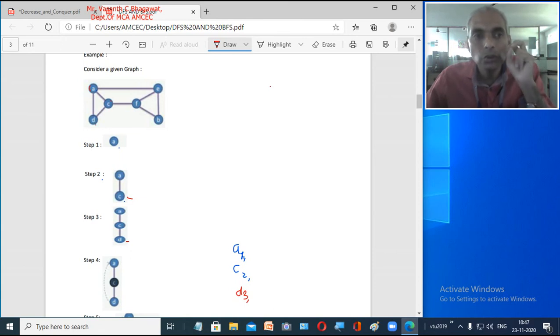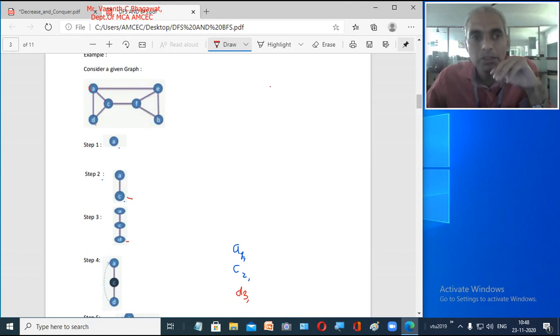Now from D, you check the adjacent nodes. D has 2 adjacent nodes: one is A and the other one is C. But you observe that C is visited and A is visited. Both are visited. Does D have any other unvisited nodes? No. That means we have reached a dead end.